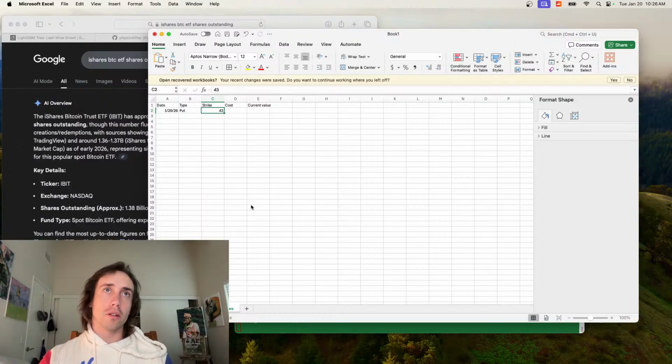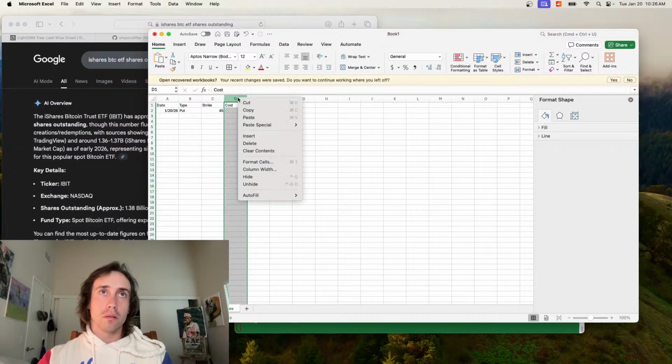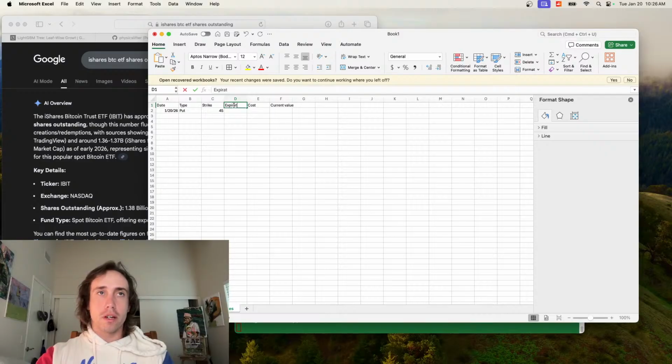Well, it's probably only available in $5 increments. So let's say $45. Expiration is far off in the future. 6/2027.